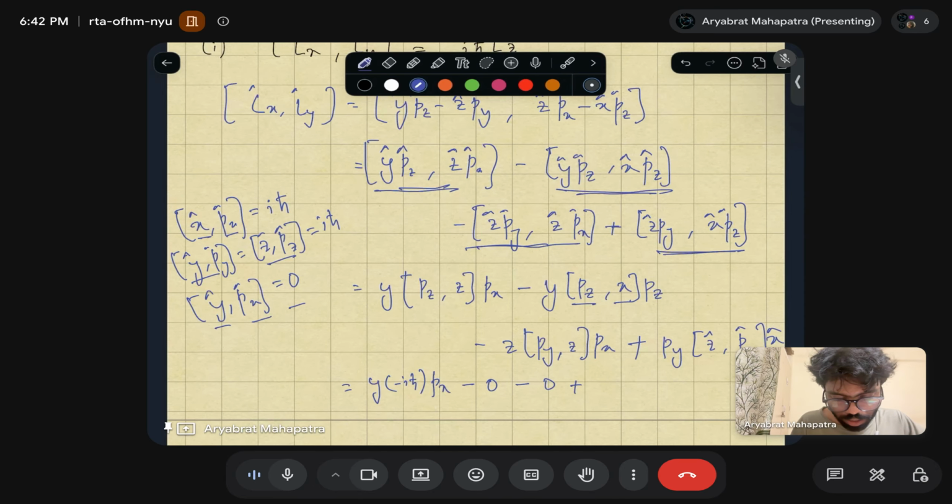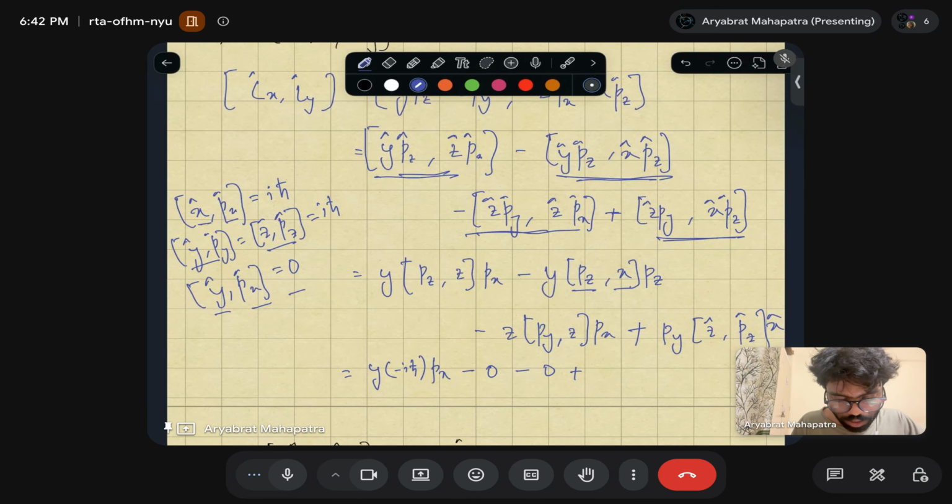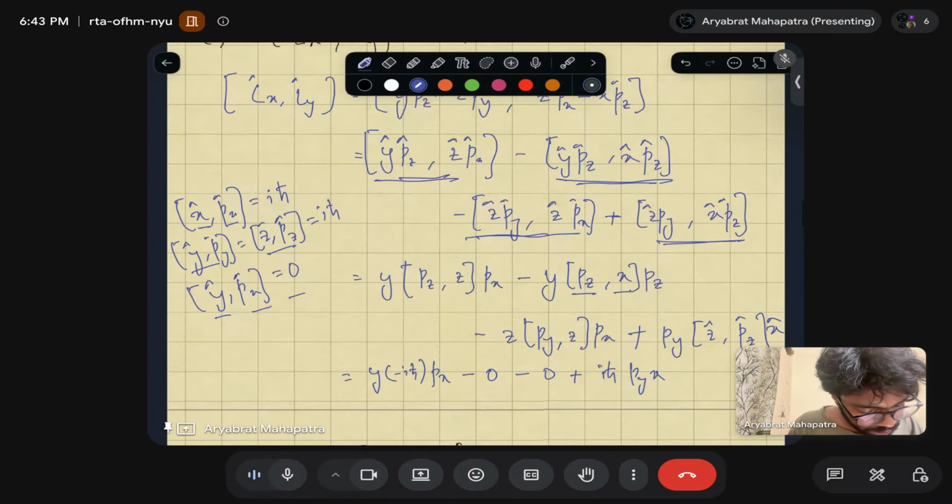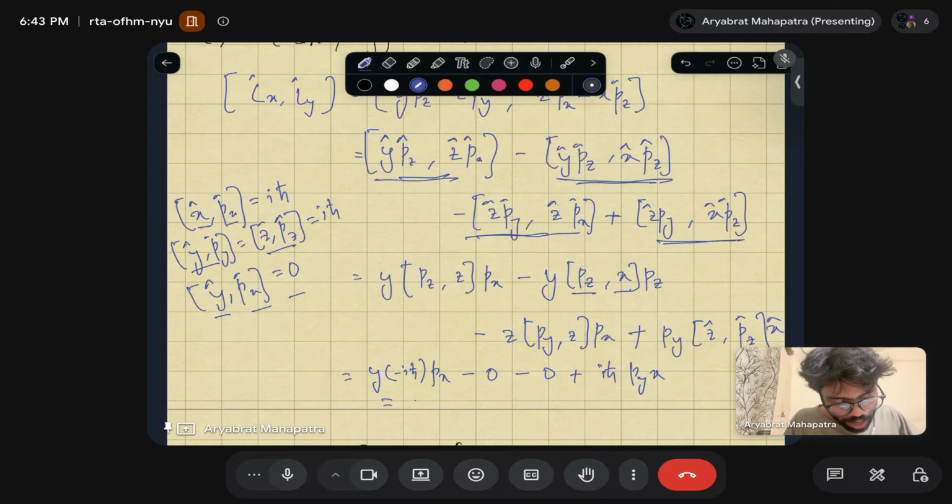So again, this will give me plus i h bar PYX. Then this essentially will become, if I write down here, i h bar XPY minus YPX.